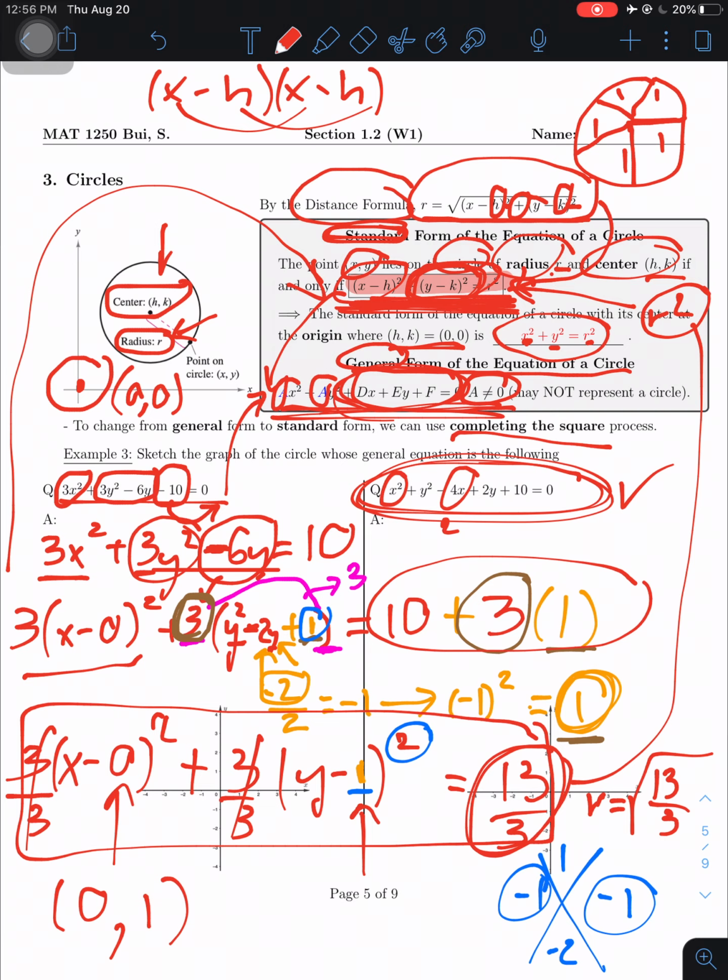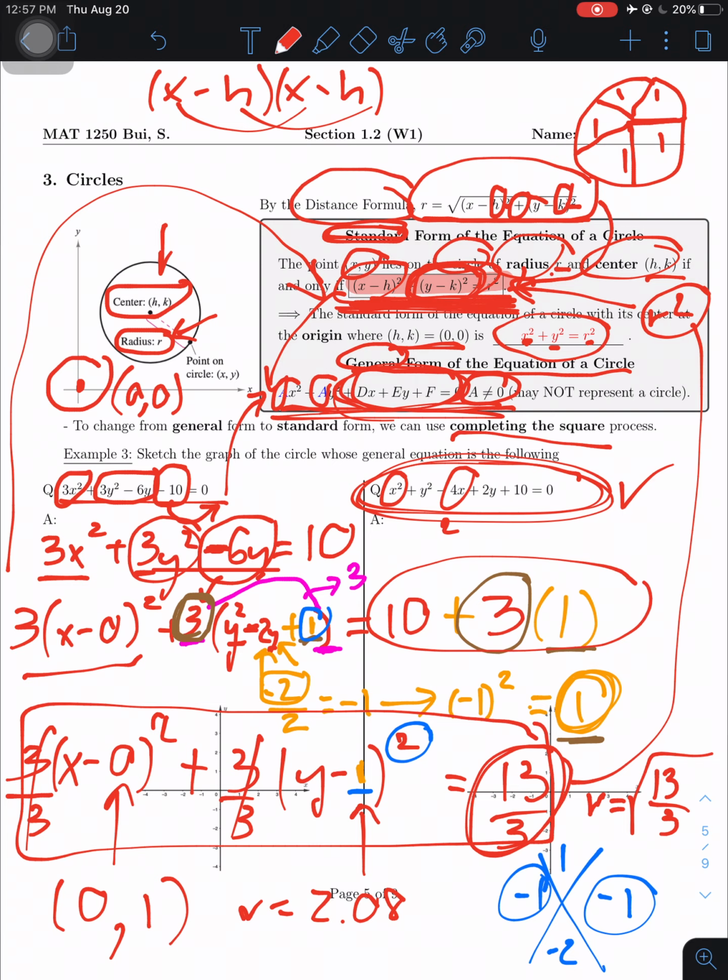So let me write the radius in here. Okay, let me use my calculator and do it out really quick. Okay, I got 2.08. So it's around 2.